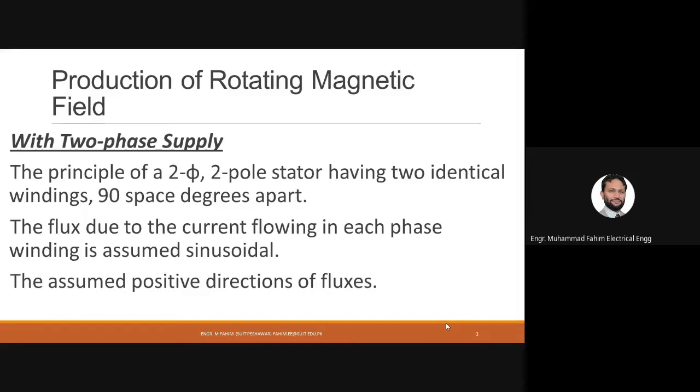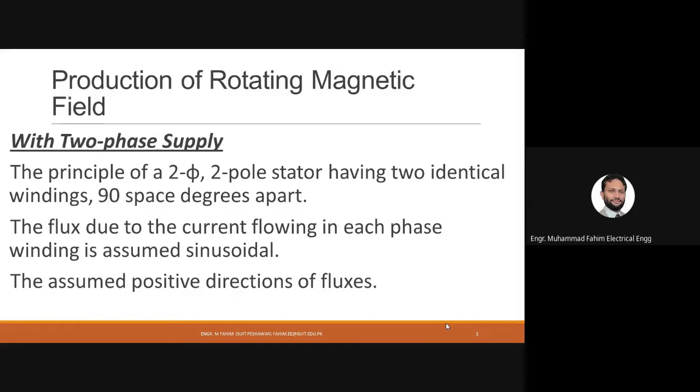The technique we use is to split the single-phase supply into two phases. By splitting the single-phase supply in two, it looks like a two-phase supply to the machine, and hence there is the minimum requirement for production of rotating magnetic field.